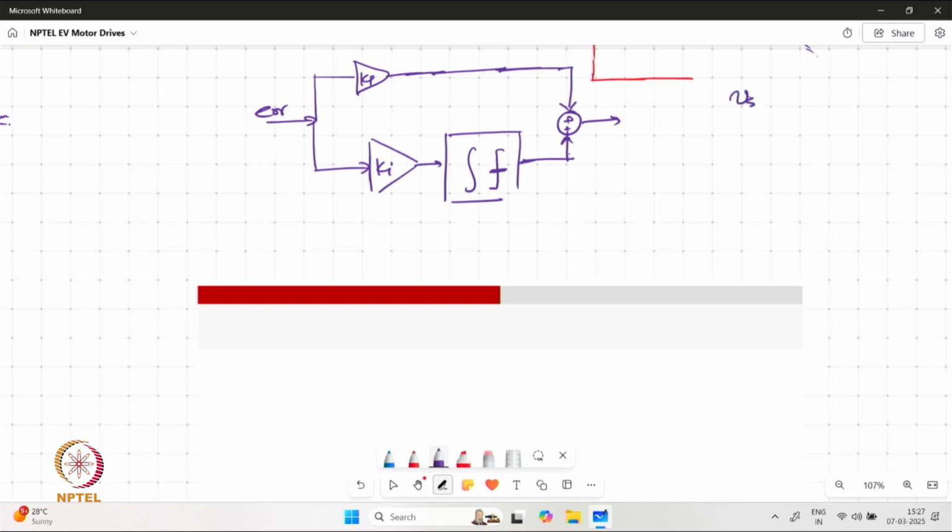However, to limit VSQ within allowable value, we need to have saturation for the complete component. So we need to have a saturation block over here. Now we can work out the value of this saturation limit VSQ on basis of the maximum modulating signal value or maximum modulation index.